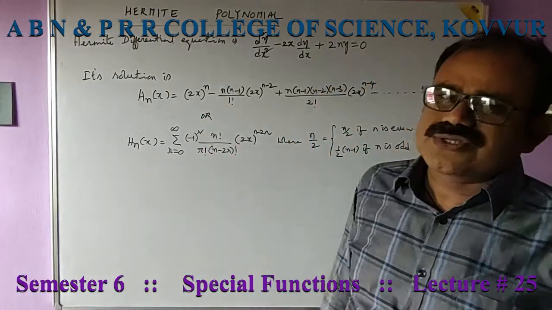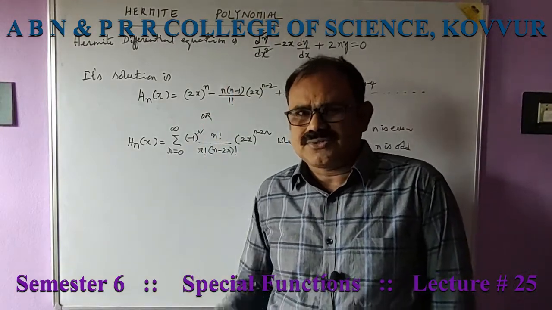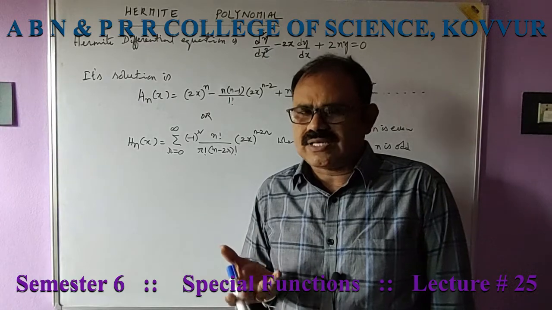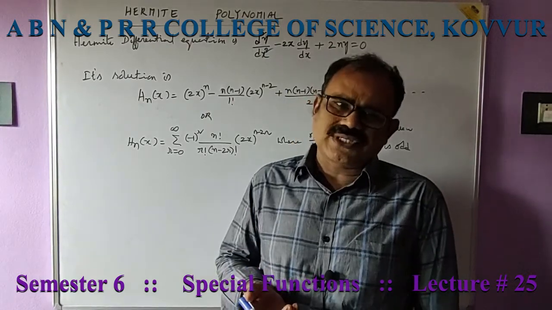Its solution is, we consider y is equal to sigma r is equal to 0 to infinity ar x power k plus r. We find dy by dx and d square y by dx square.